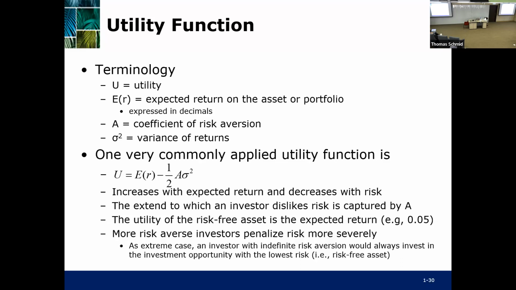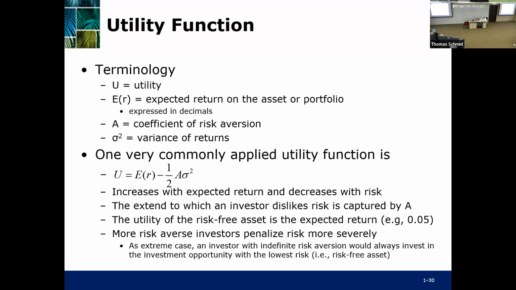If we have an investor who doesn't care about risk, the so-called risk-neutral investor, the coefficient of risk aversion would be 0, and the utility would only depend on the expected return, because this term cancels out. This term goes away if A equals 0.